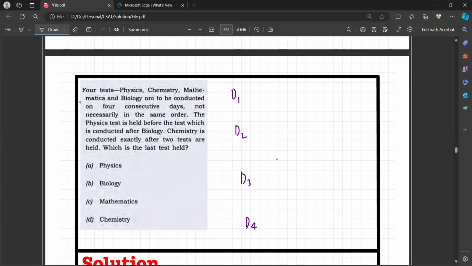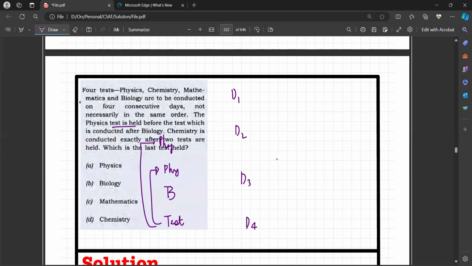So there would be 2 cases, right? Look, the physics test is held before the test which is conducted after biology. This is biology. A test would be conducted here. Now, before that test, physics is held. So physics can come here or physics can come here, because there are 4 cases.